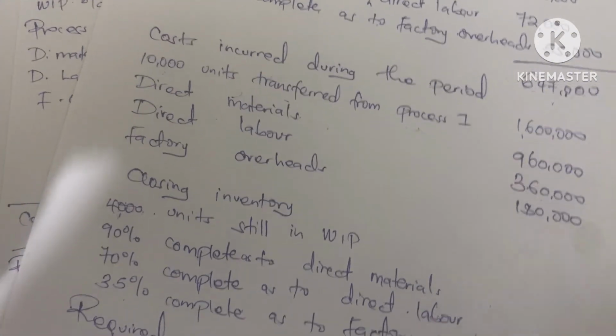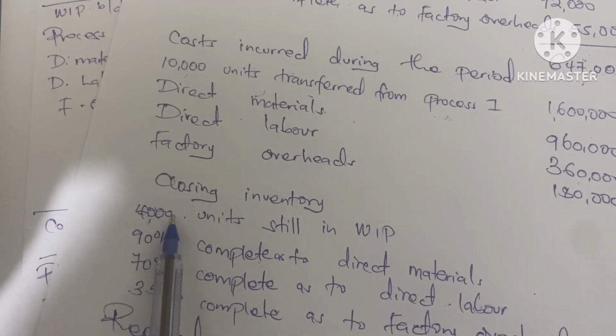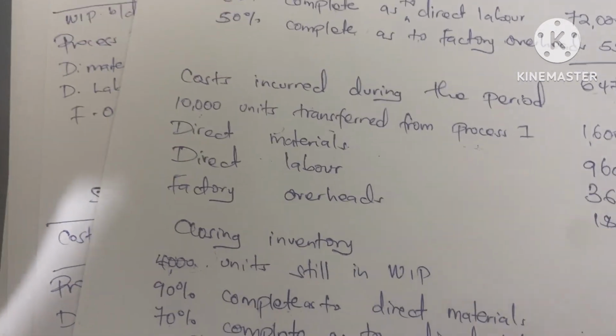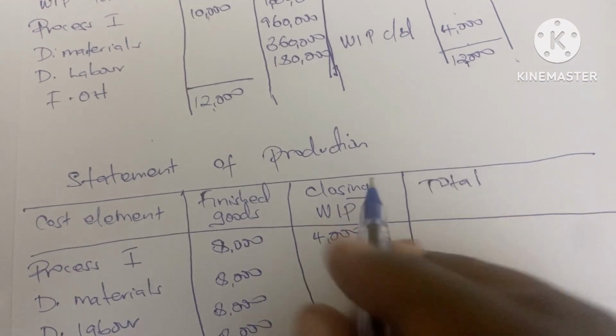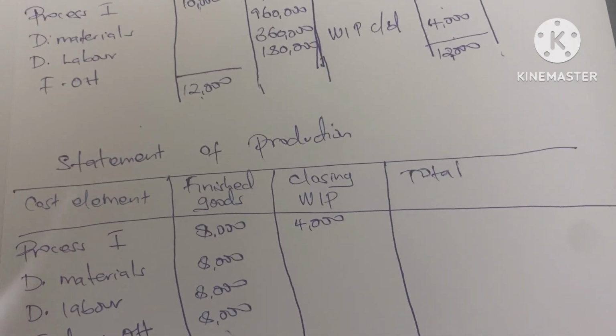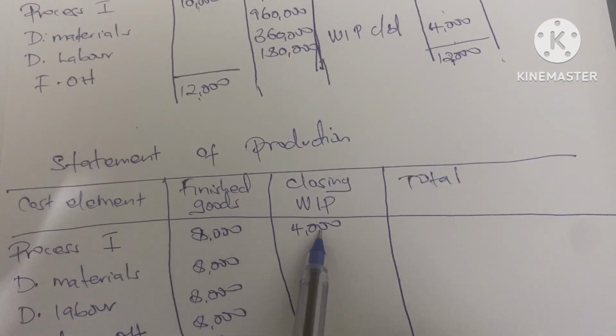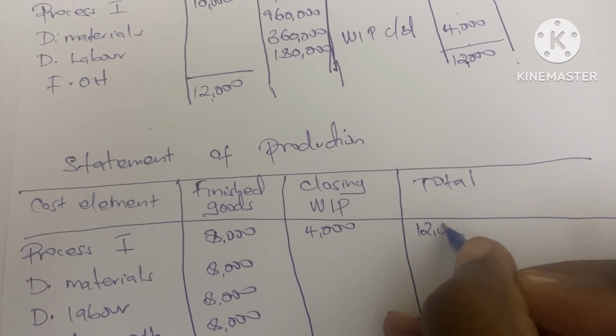Then the closing work in progress. So closing work in progress, 4,000 is still work in progress. So 4,000. So the total here, it's going to be this plus this, which is 12,000.